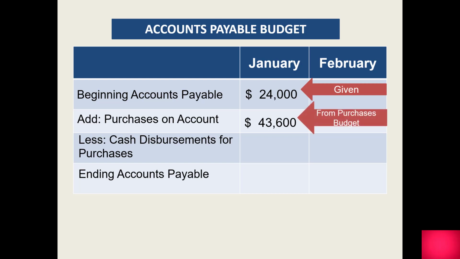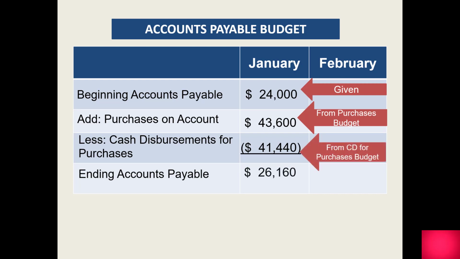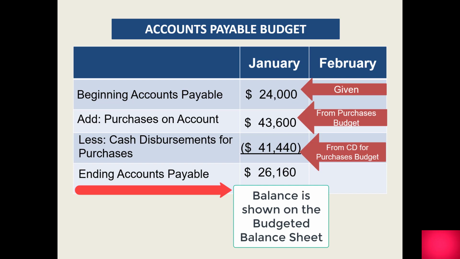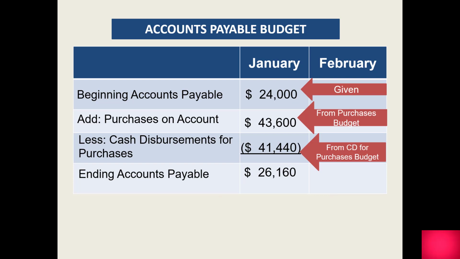And that is taken from the purchases budget. Then we'll subtract our previous calculation, the cash disbursements for purchases during January, $41,440. That leaves an accounts payable balance of $26,160 at the end of January. And that will go on our January balance sheet.